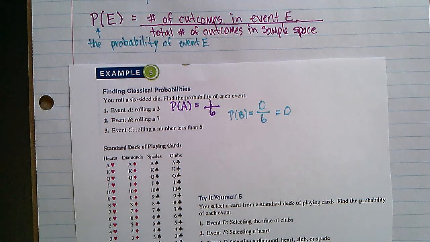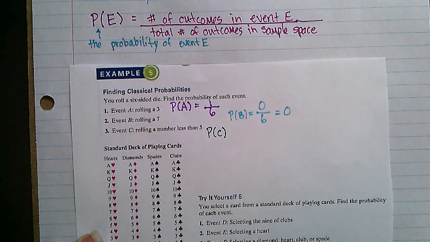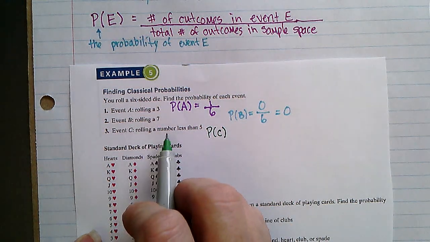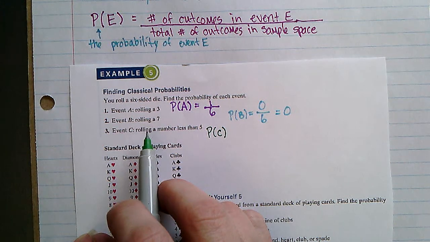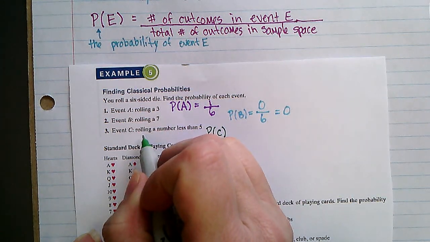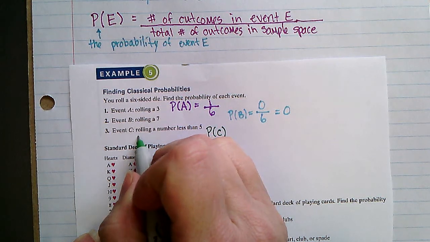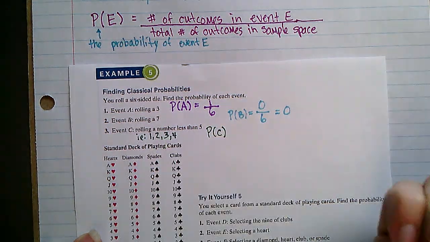Event C is the probability of rolling a number less than 5. So remember that C would be considered something that's not a simple event. Rolling a 3 is a simple event because there's only one outcome that pertains to that event. Rolling a number less than 5 is not a simple event because if we roll less than 5, then we could roll a 1, a 2, a 3, or a 4.